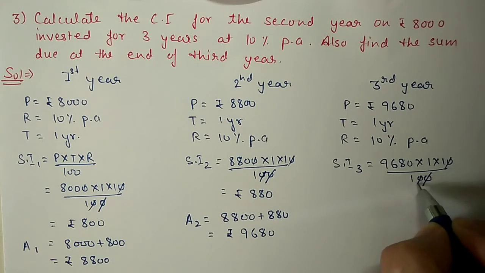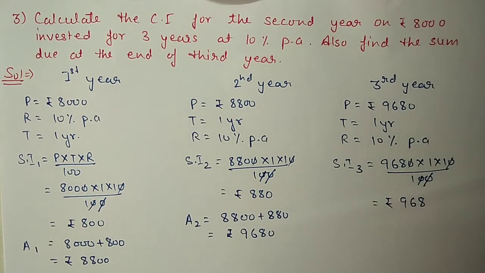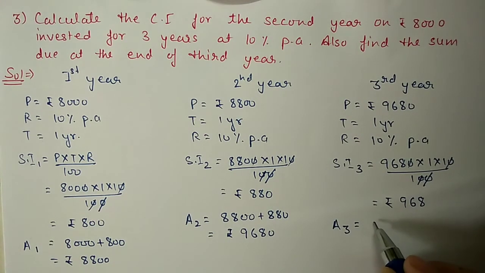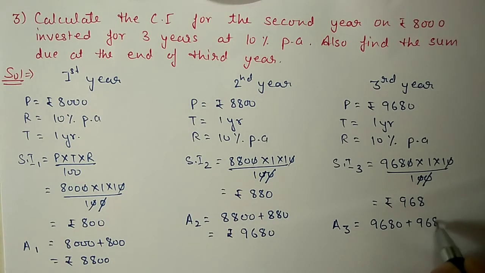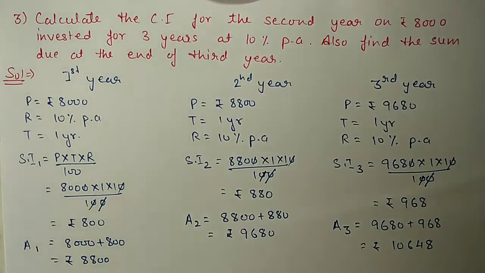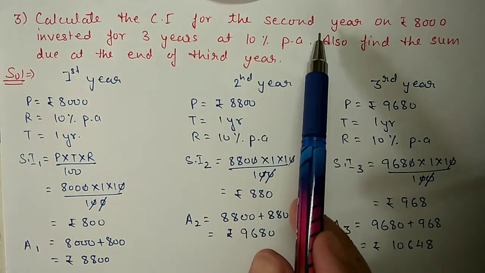So zeros we can cancel and we'll get 968 rupees simple interest for the third year. So amount by the end of third year will be 9,680 plus 968 rupees, which is equal to 10,648 rupees. So in question they have asked us to calculate the compound interest for the second year.